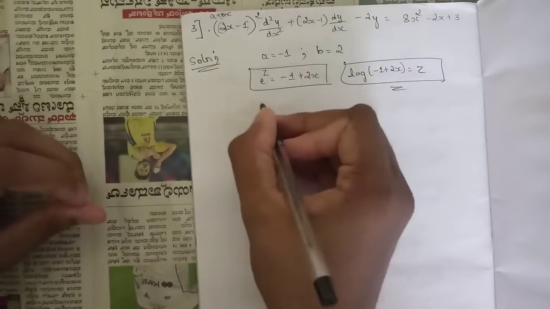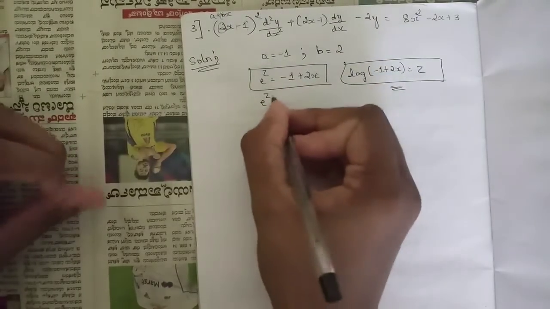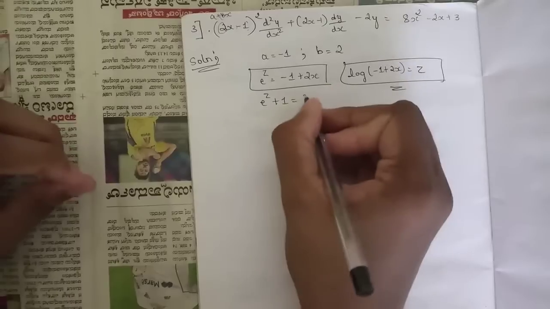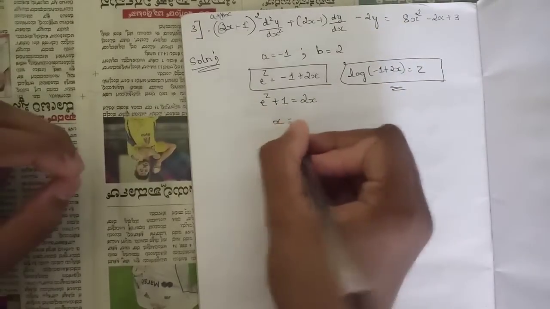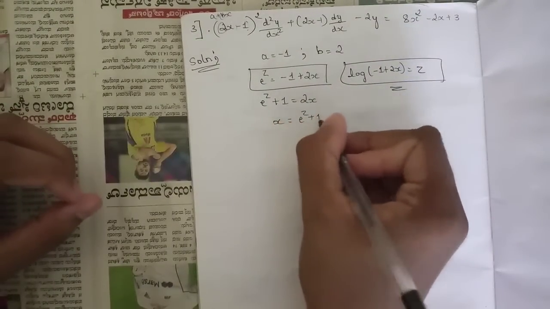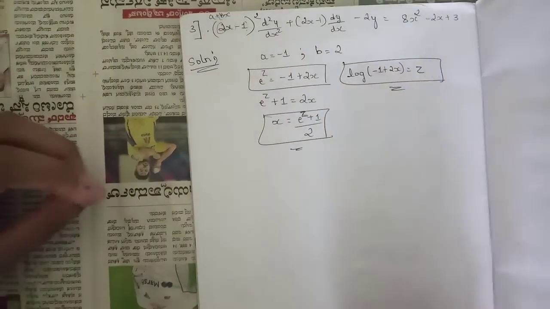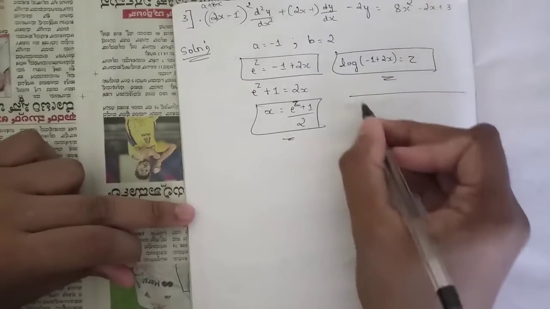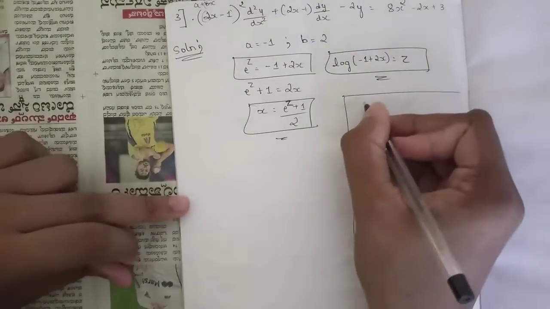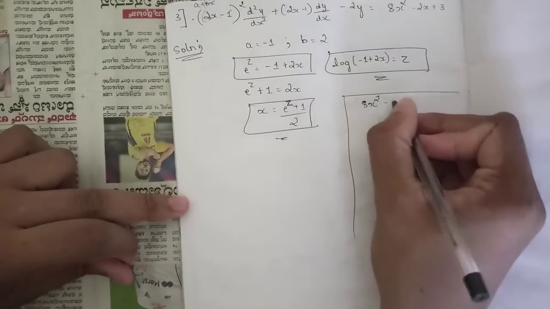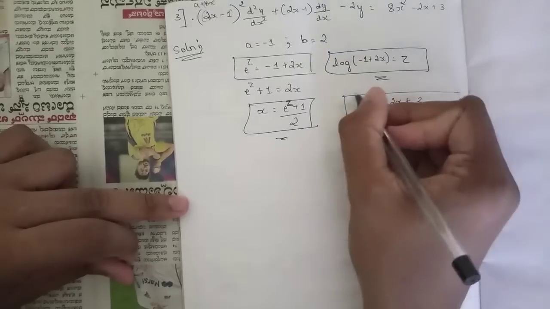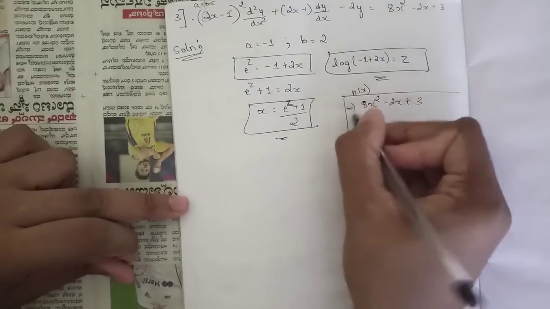So we can write e power z, bring minus 1 to the other side, it will be plus 1, is equal to 2x. So the x value we get is e power z plus 1 by 2. Now put that value in 8x square minus 2x plus 3, that is your r of x.